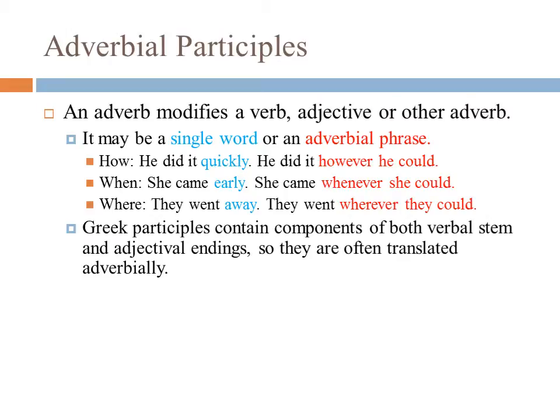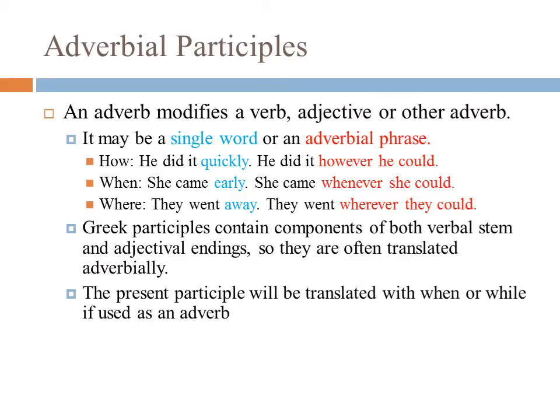Greek participles contain components of both verbal stem and adjectival endings, and they are often translated adverbially. And this is going to be something that we need to look at and understand. The present participle, the one that we're worried about right now, is going to be translated with when or while, if it is used as an adverb. Remember, the time in the present is continuous with the time of the main verb.